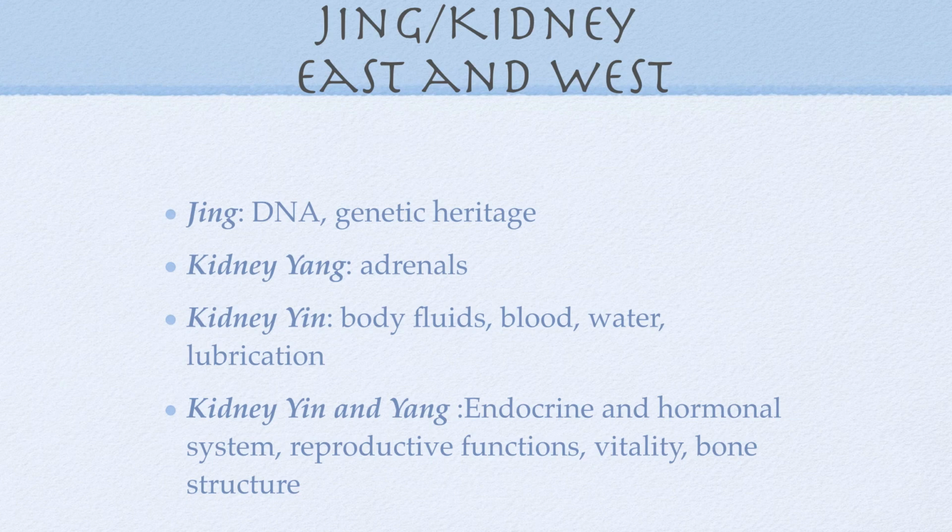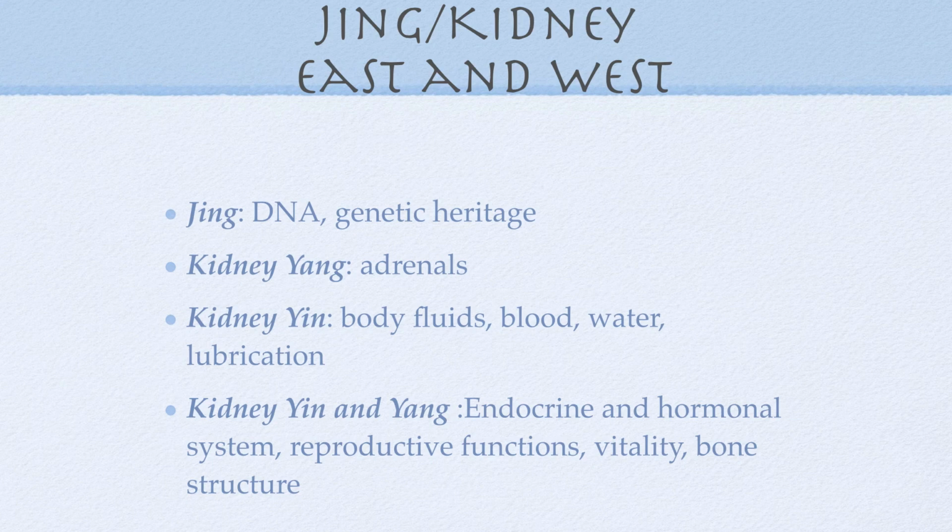Kidney yin would be more our body fluids, blood, water, and everything that provides lubrication and moisture to our body. Included in kidney yin and kidney yang, as well as Jing, we find also the concept of endocrine system, hormonal system, reproductive functions, as well as vitality and bone structure.